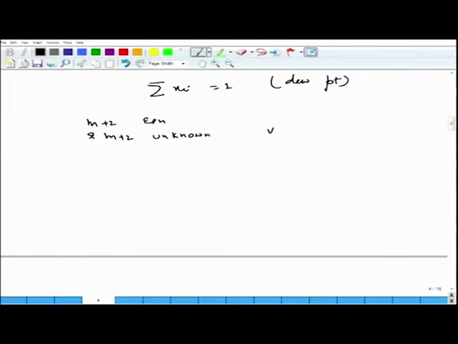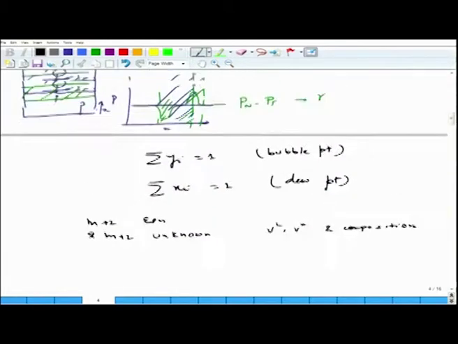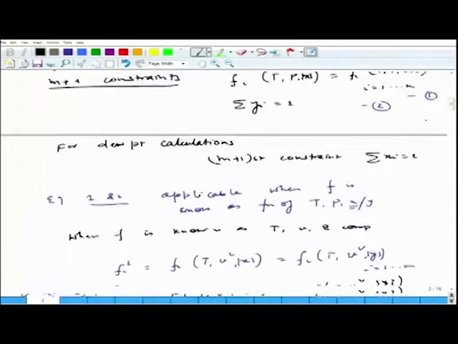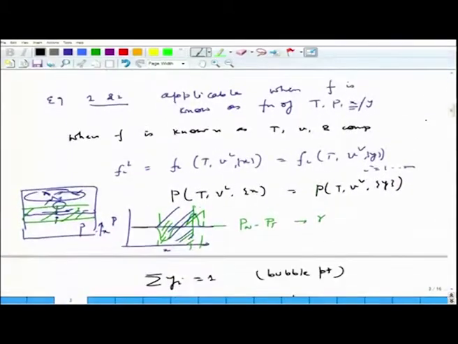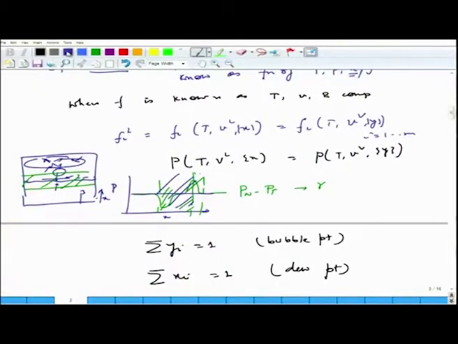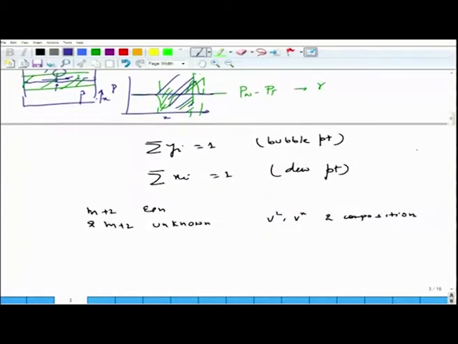So this would be V^L, V^V and composition. Now let me write down the equation numbers. This is, let us say, 3, 4, and this is your 5.